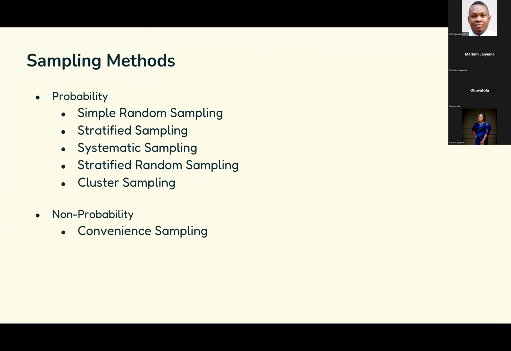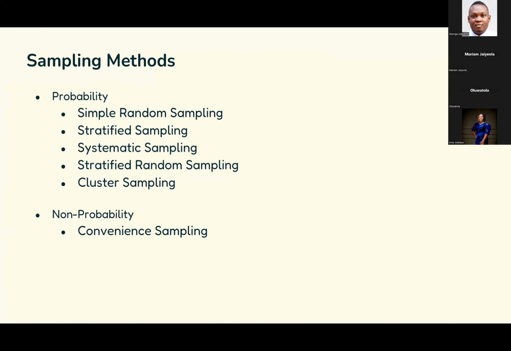We have probability sampling and non-probability sampling. From the word probability, we have said probability is the chance of occurrence, the likelihood of something occurring.